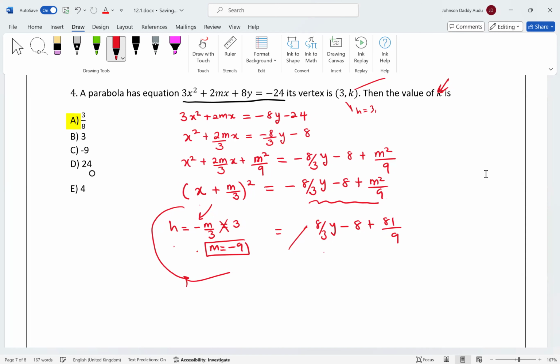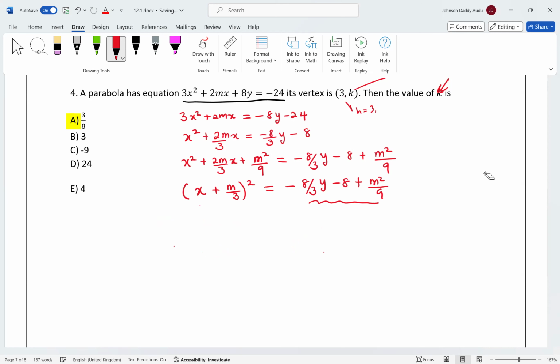So it means we will have this. Okay, let me be more open here. All right, so this is where we are, right? Now from here, we have that the vertex is 3k, and this means that this is going to be h. So therefore, h is 3.